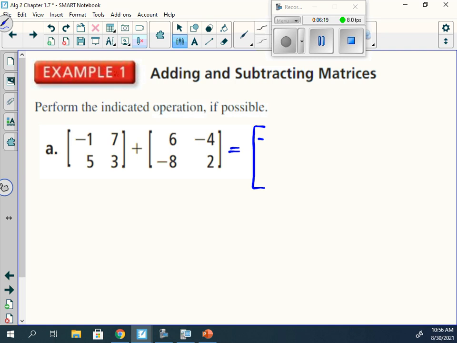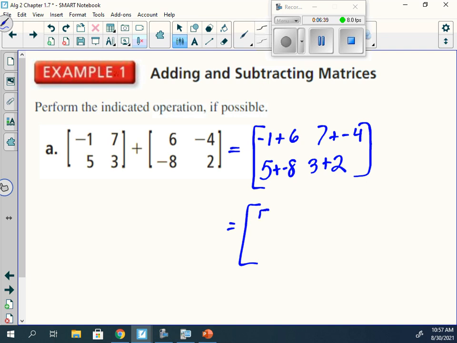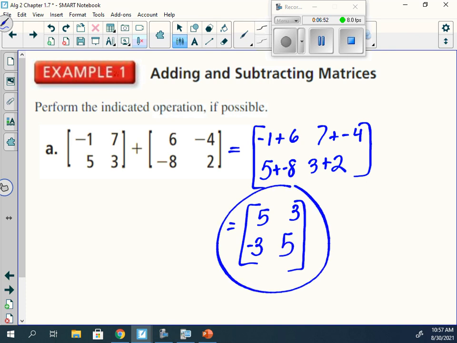So what would we be adding? -1 plus 6, and then what? 7 plus -4. 5 plus -8, and 3 plus 2. -1 plus 6 is 5. 7 plus -4 is 3. 5 plus -8 is -3, and 3 plus 2 is 5. Any questions on this here?